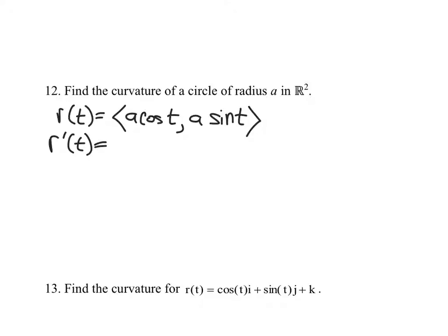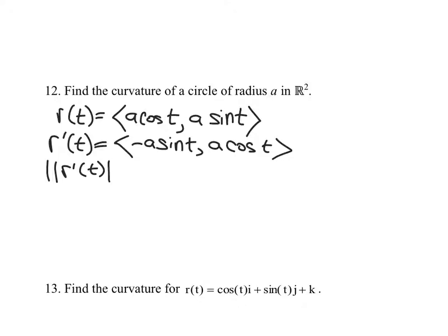Now there is an element of familiarity here because this, I think, will be the third time we're working with these same values today. So negative a sine t, a cosine t, the magnitude of r prime of t, a squared sine squared of t plus a squared cosine squared t.